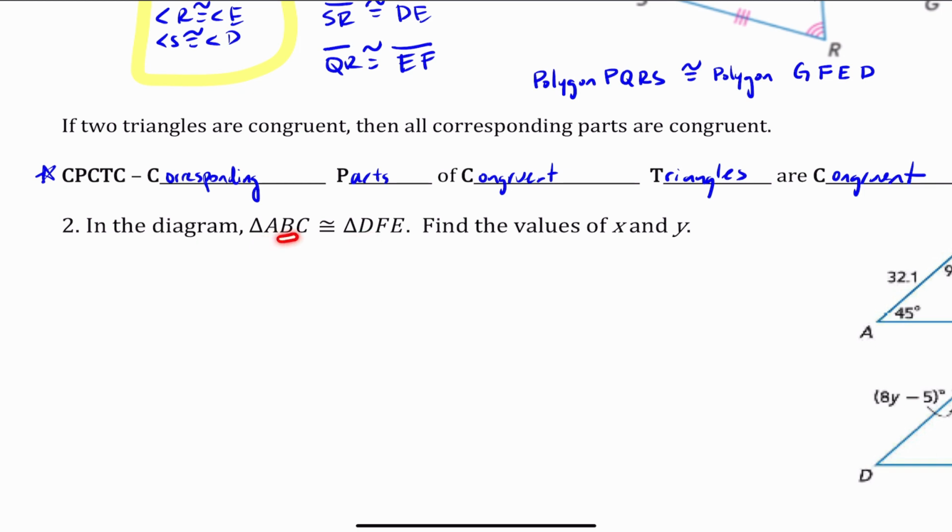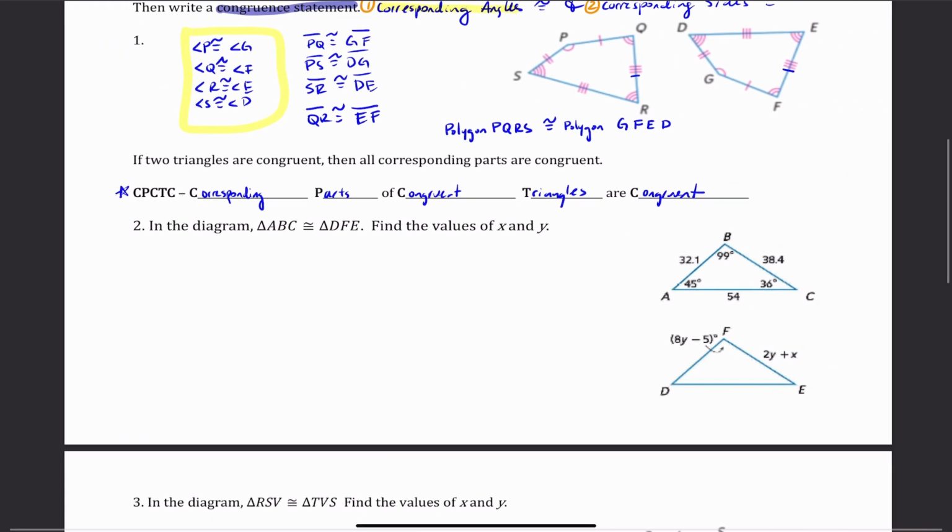Angle B is in the second position, so whatever in the other figure is congruent to angle B is angle F. Again, that's by CPCTC.